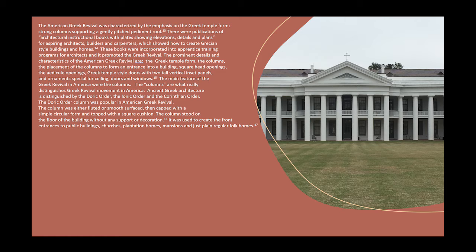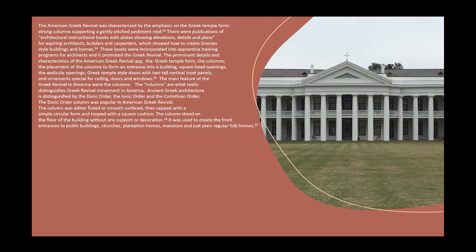The main features of the Greek Revival in America were the columns. Ancient Greek architecture is distinguished by the Doric order, the Ionic order, and the Corinthian order. The Doric order column was popular in American Greek Revival.